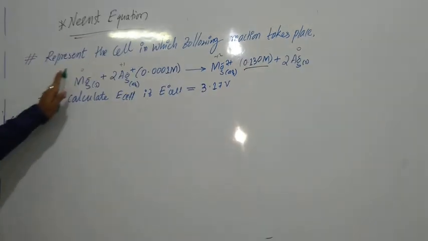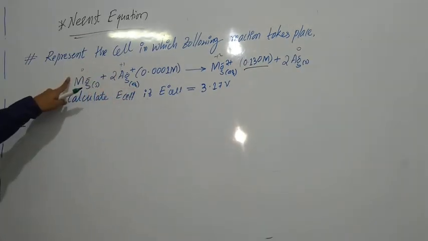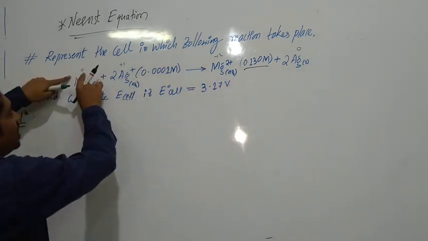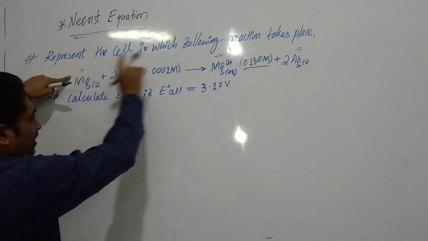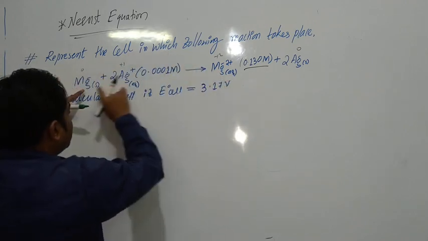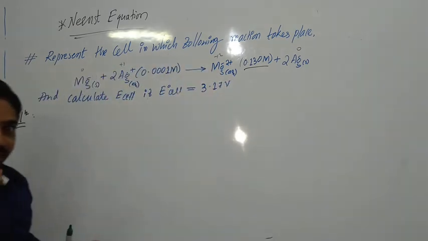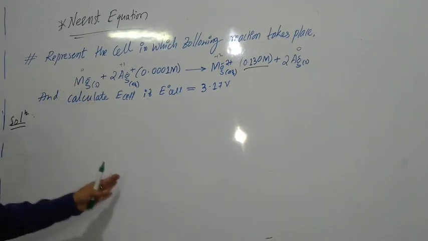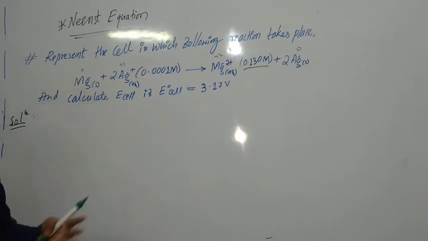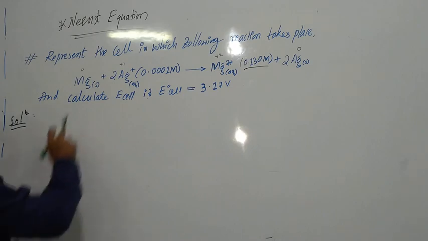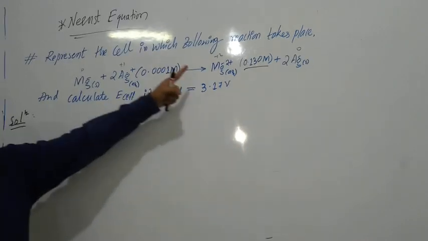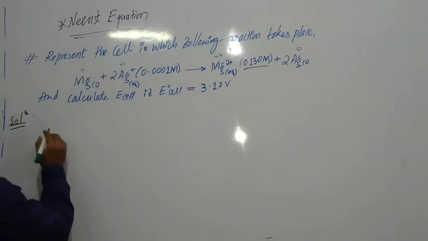Based on this, we can easily understand magnesium 0 is converted into +2. Magnesium loses 2 electrons, it is converted into 2+, which means it is oxidized. If it is oxidized, this reaction takes place at which electrode? Yes, at the anode. So my anode is the magnesium electrode, isn't it?